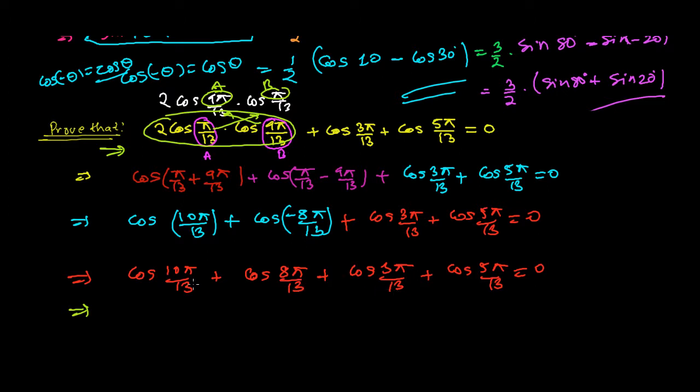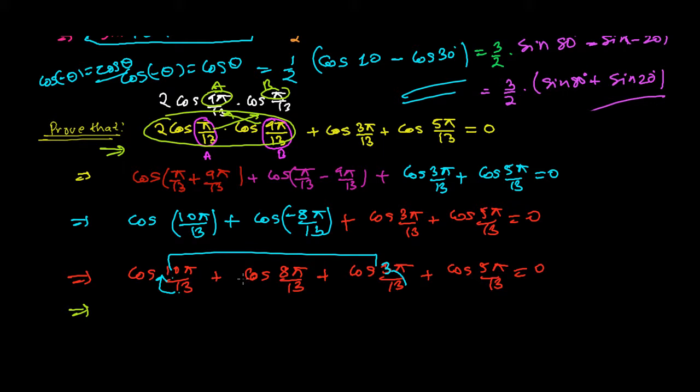Here the denominator is 13 and this is 10, so 13 minus 10 is 3, and that 3 is here. Again, 13 minus 3 is 10, which is here, so these two are interrelated. That means you can convert one into the negative of another.